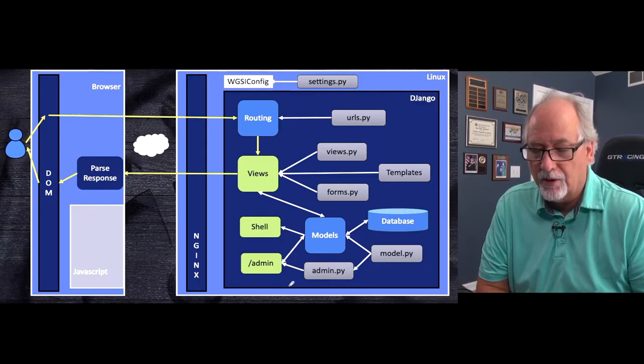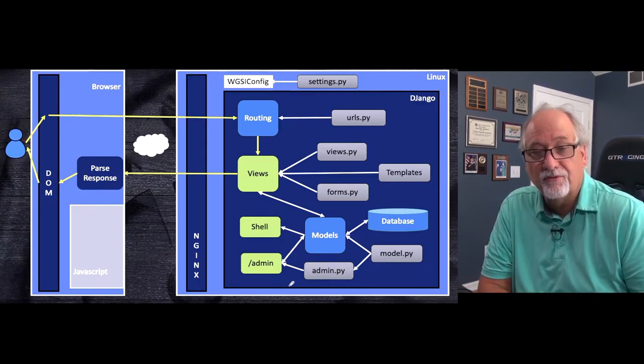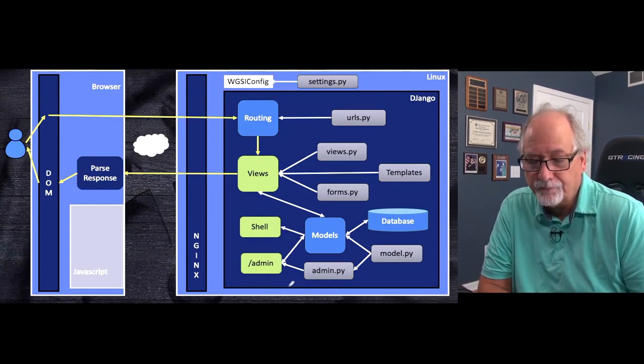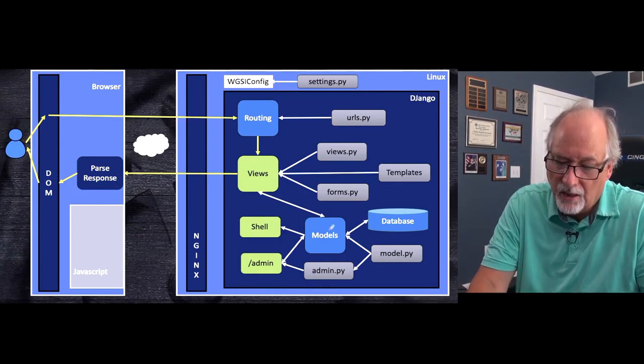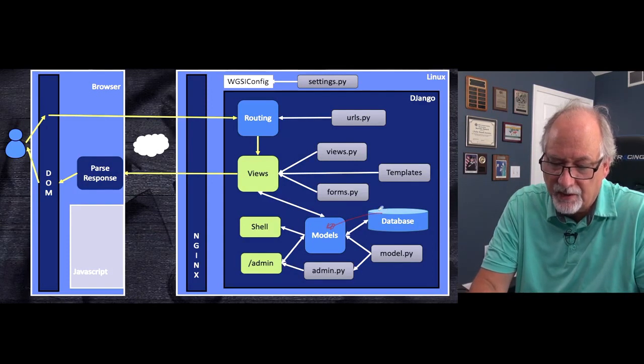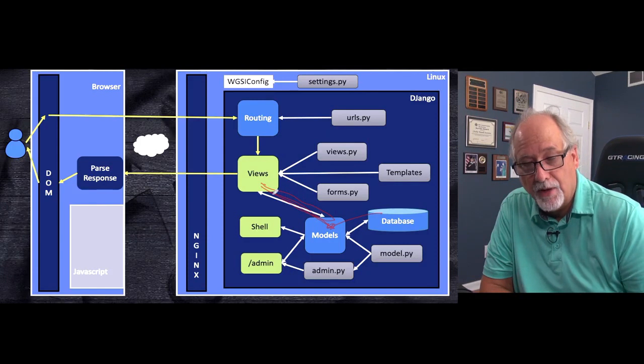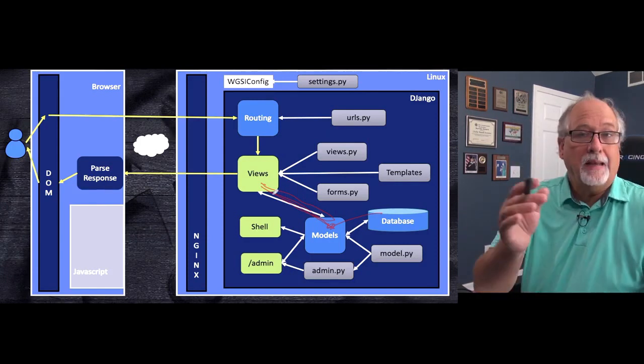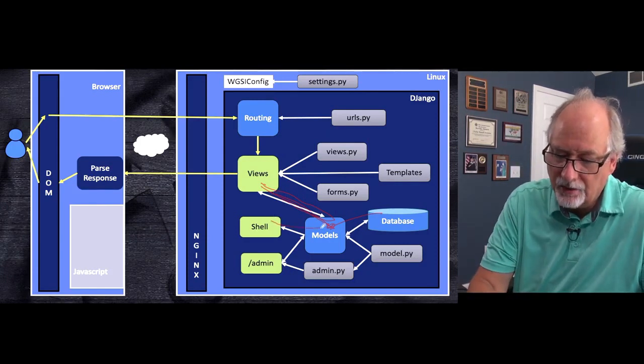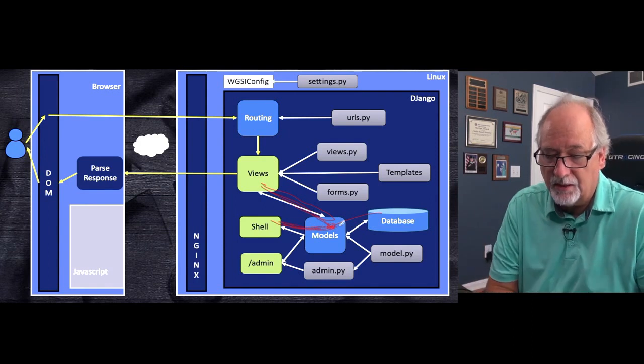You may or may not have made one of those. Templates and forms help produce output. But the models are our interaction between us and the database. The actual code we write in Django can talk through the models to the database, and this shell is talking through the Django models to the database as well.